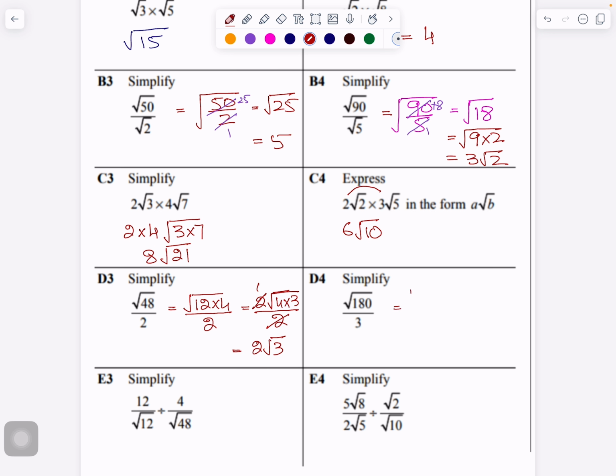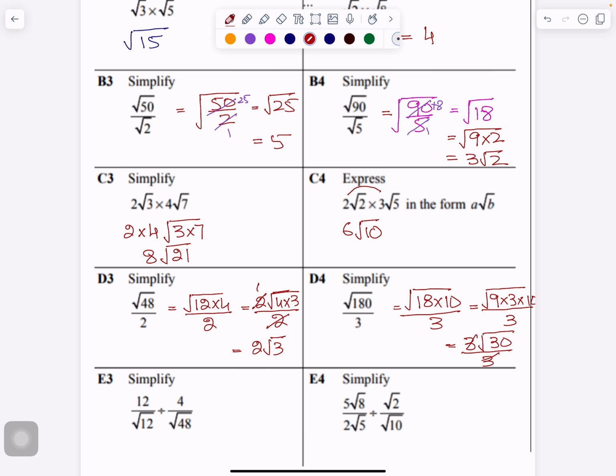Now this one, suppose I like to do by 18 times 10, because it's easy for me. And then further, 18 can be written as 9 times 3. You see, I'm doing as I remember the tables. Now root 9 is 3, and 3 tens are 30. We will see if we can simplify it or not.